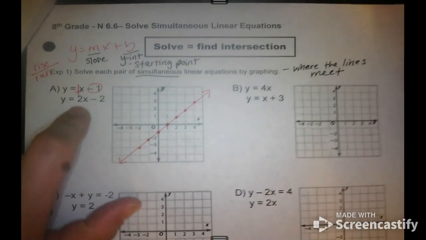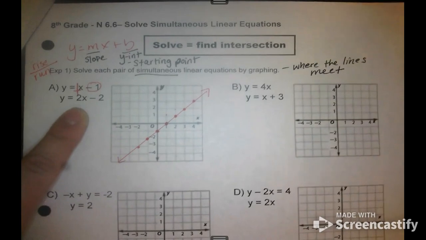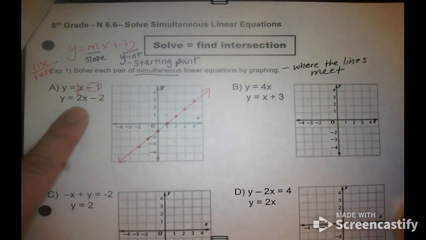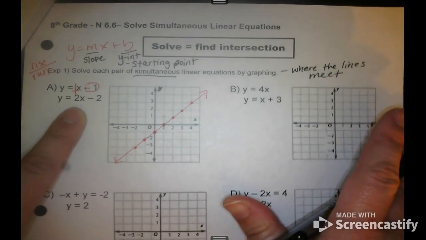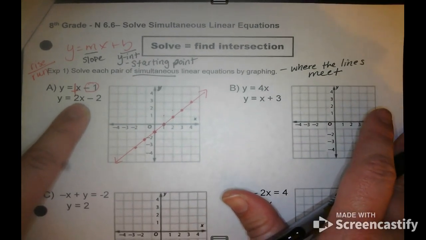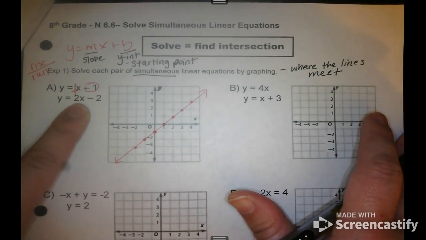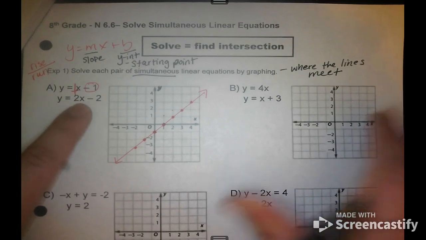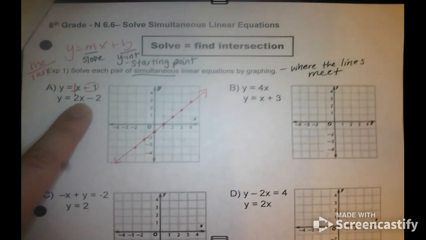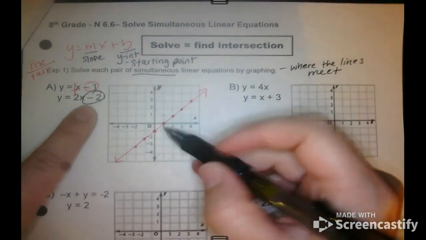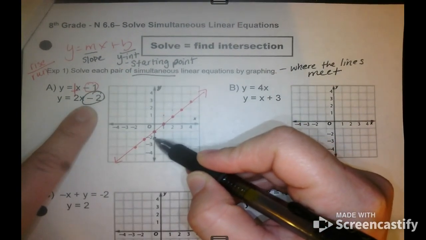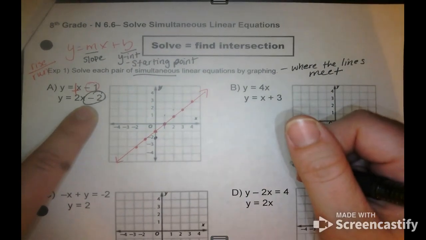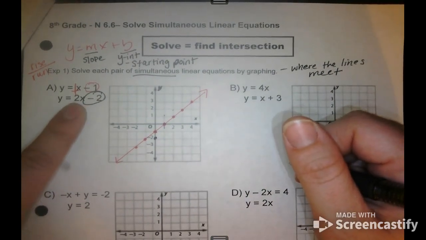Okay, so then I have 2x minus 2. Where would I start my graph? What's my starting point? What's my y-intercept on this one? -2. That is my starting point. So I go down to the -2 and put a dot. Okay, what is my slope?